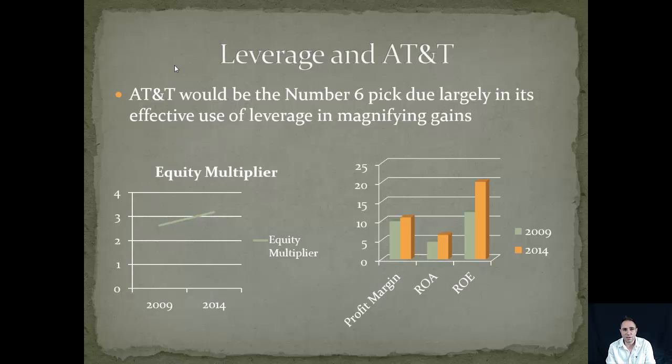And then if you take the 3 major profitability margins that I've used in my analysis, profit margin, return on assets, and return on equity, from 2009 to 2014, all 3 of these are showing considerable increases. So to me, this is a very good way to show how debt or leverage is a good way to magnify gains.